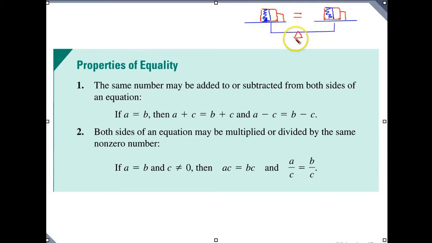So as you work through the process of solving an equation, you're going to be adding things to both sides, subtracting things from both sides, multiplying both sides by something, dividing both sides by something, until eventually on one side you get an x, and on the other side you get a value, 5.